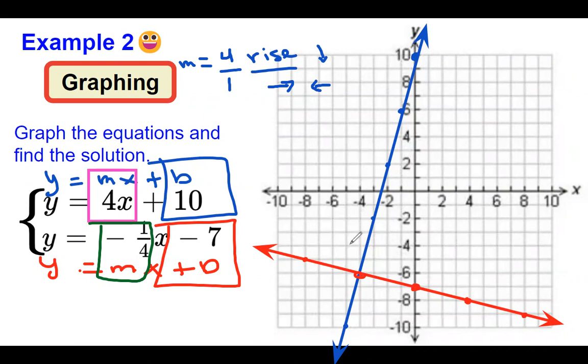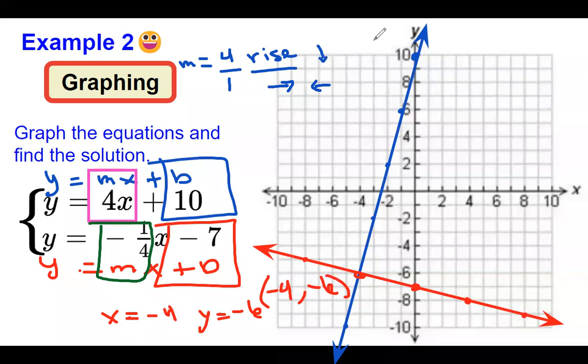My x value is -4. My y value is -6. So therefore, x equals -4 and my beautiful y equals -6. Woohoo!